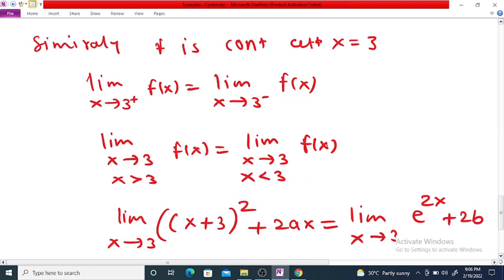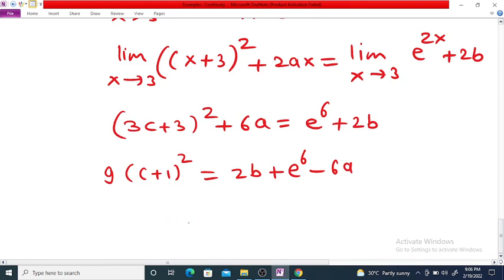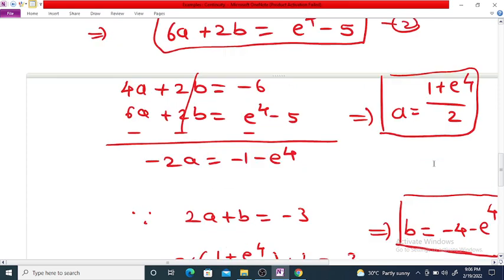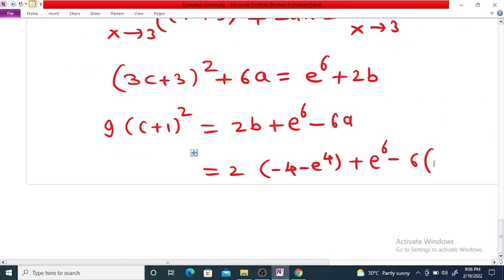Now what is the value of b here? B is equal to minus 4 minus e raised to 4. So this is minus 4 minus e raised to 4 plus e raised to 6 minus 6a. A is equal to 1 plus e raised to 4 divided by 2.